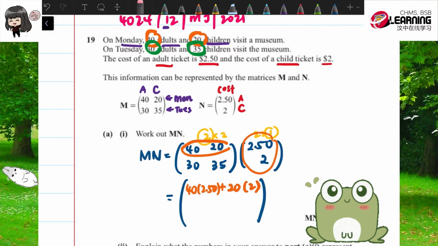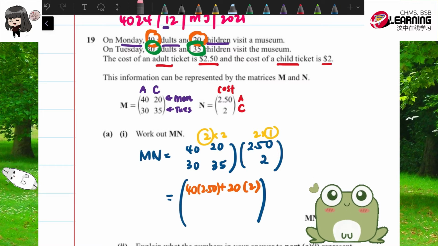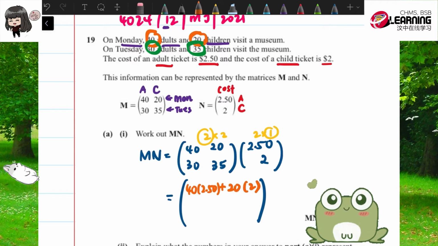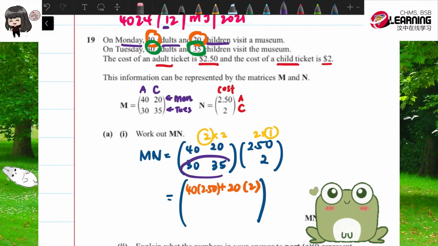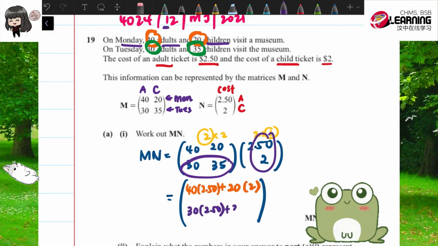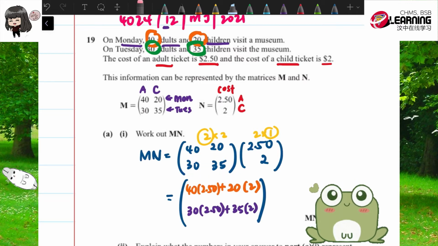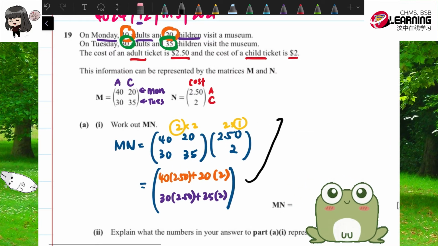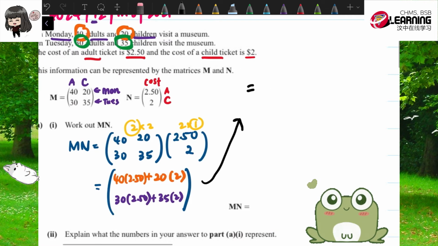And as for the second part, which comes from your second row and first column, 30 times $2.50 plus 35 times 2. This one without a calculator, can you calculate it?